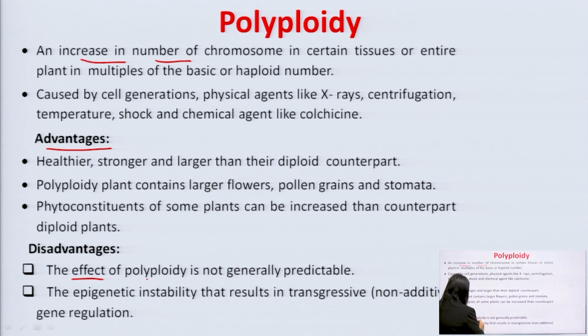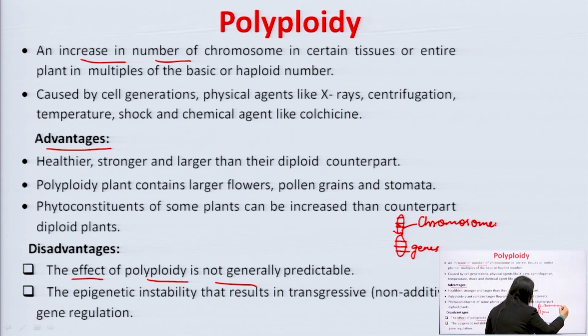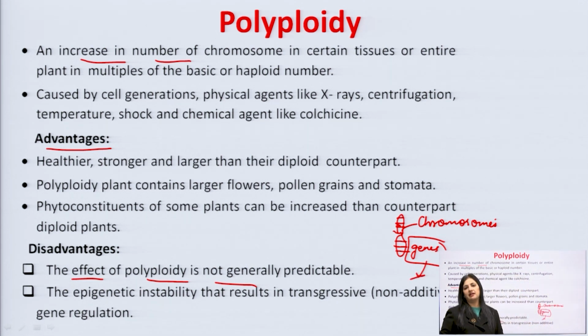The effect of polyploidy is not generally predictable, because what you are doing here is making a change in the genes. See, these are the genes and these are the chromosomes. So you are attempting to act on those genes which you desire, the gene which is responsible for the production of secondary plant metabolites.